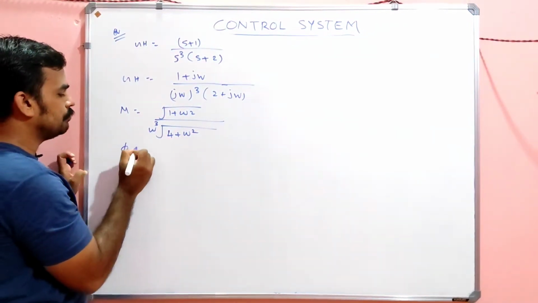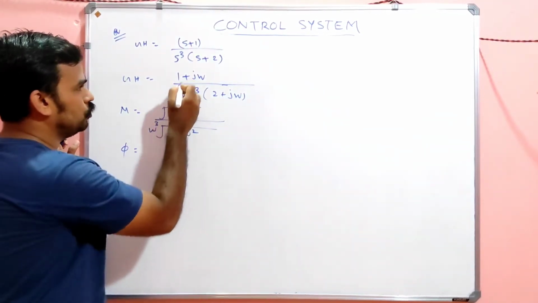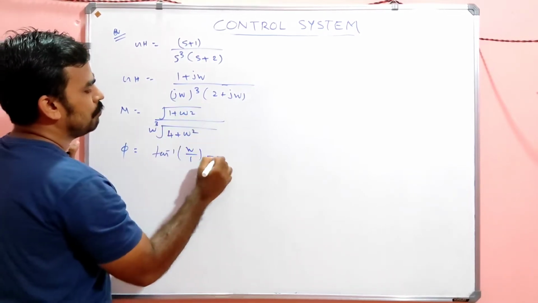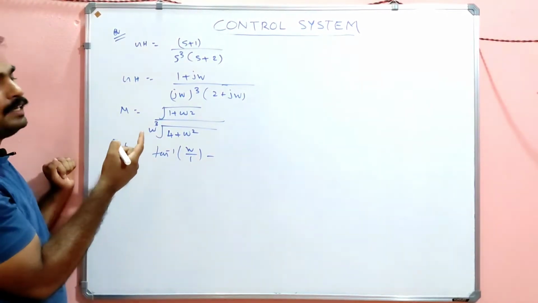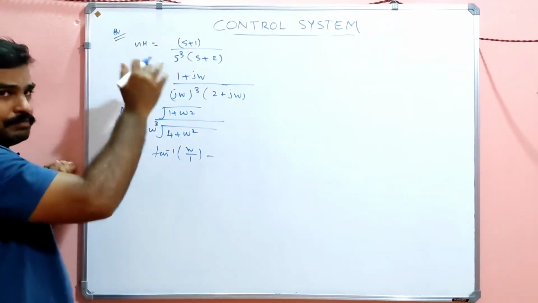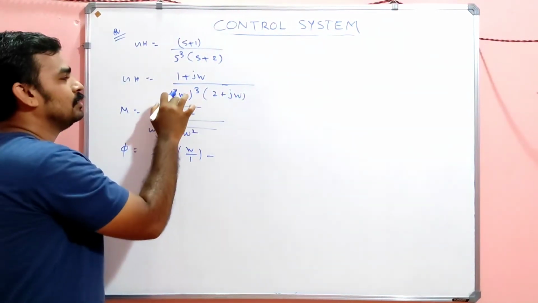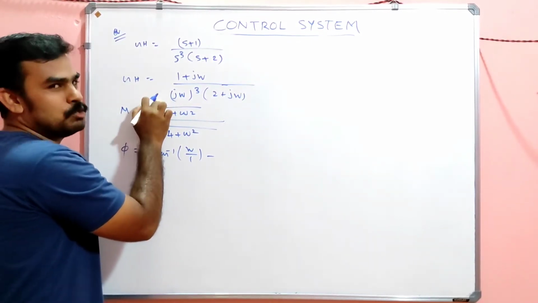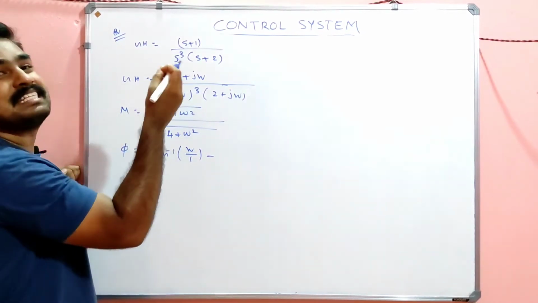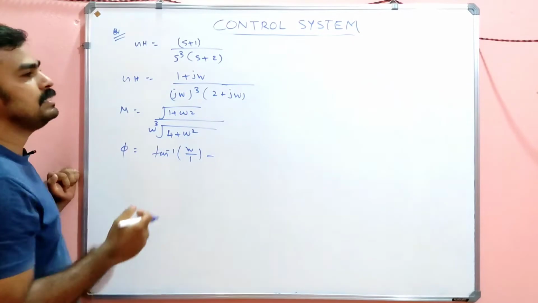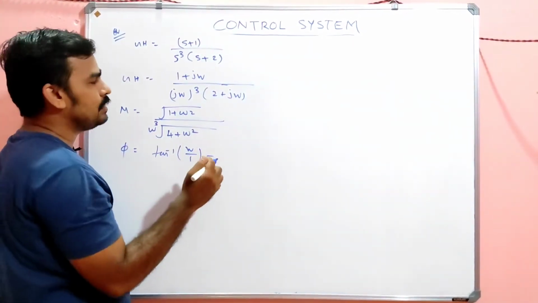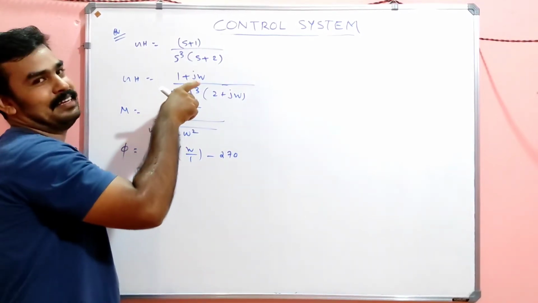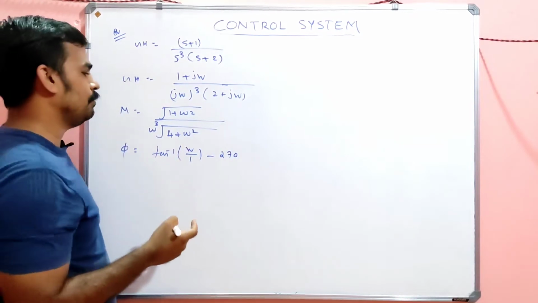And what will be phi? That is nothing but the phase. For the numerator, the phase is tan inverse omega by 1. For the denominator, j omega contributes 90, j omega square contributes 180, so 90 plus 180 is 270. Since it is j omega cube, 90 plus 90 plus 90 is 270, and when it comes from the denominator it becomes minus 270.